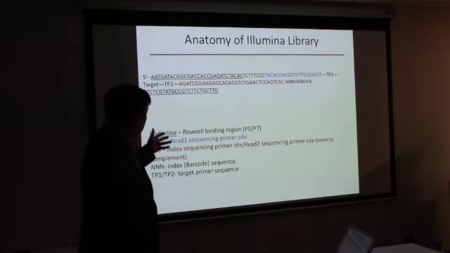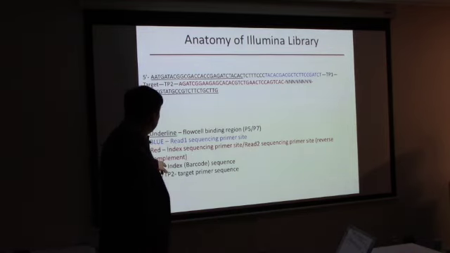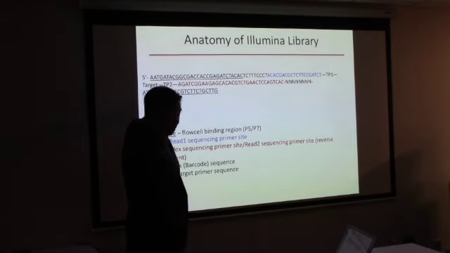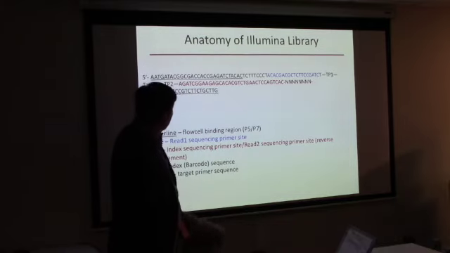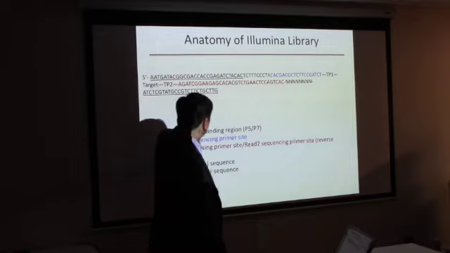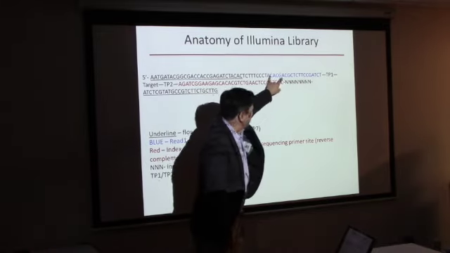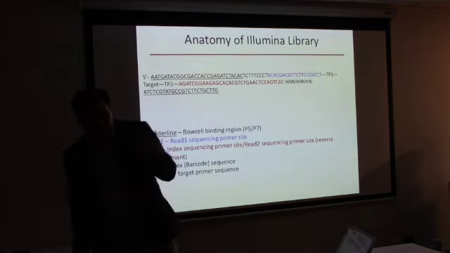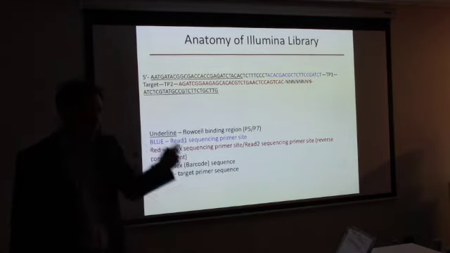This is the sequence. This sequence is P5. This is P7. You need those at the ends to create clusters. Then this red sequence is the index sequence, read 2, and this is read 1. So what are those? In order to initiate sequencing, you actually have to prime with a primer.